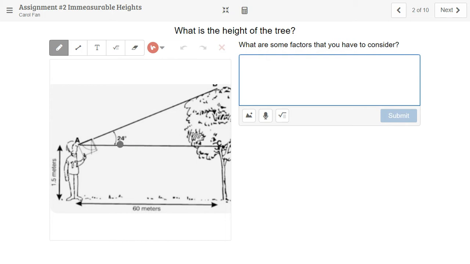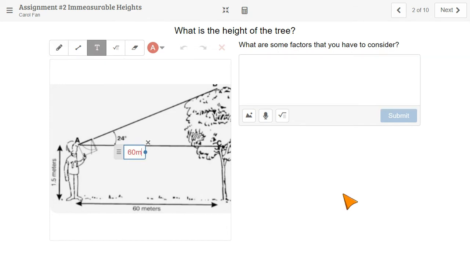We have an angle and we have the 60 meters. This gives us enough information to find the height from here to here.